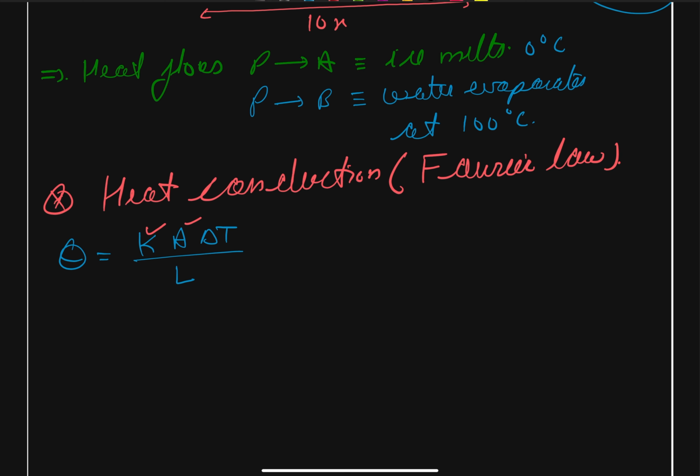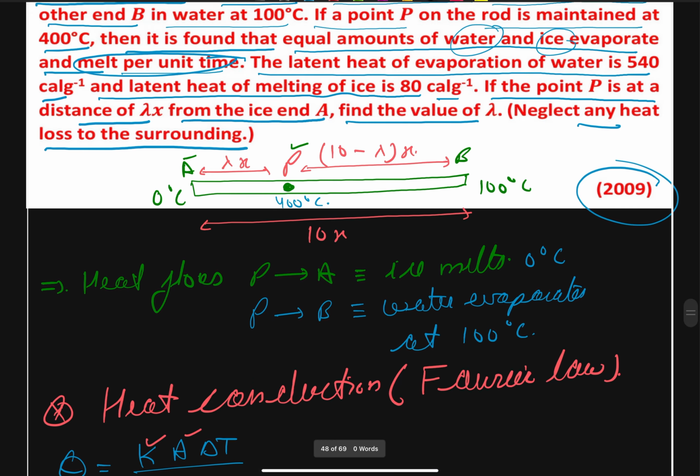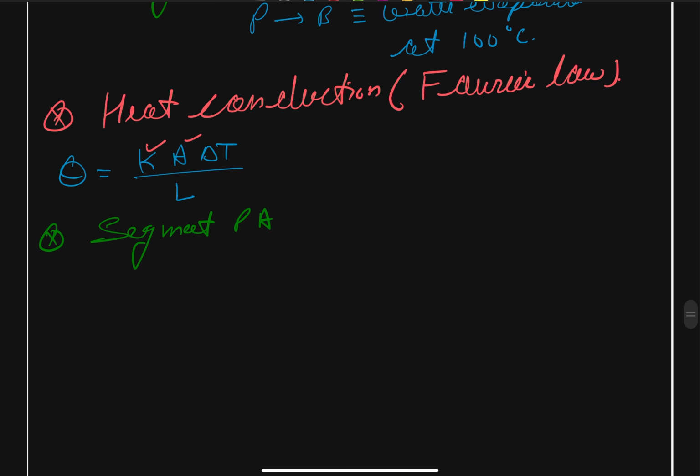So we can say that for segment PA, the segment length is lambda x, and its temperature difference, delta T PA, will be 400 minus 0, giving us 400 degrees centigrade.